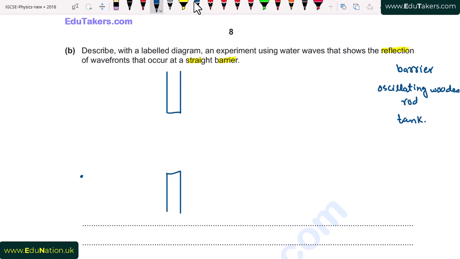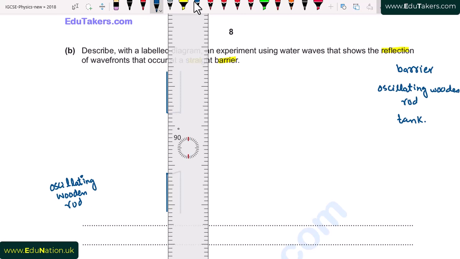So there will be an oscillating wooden rod that generates the water waves.